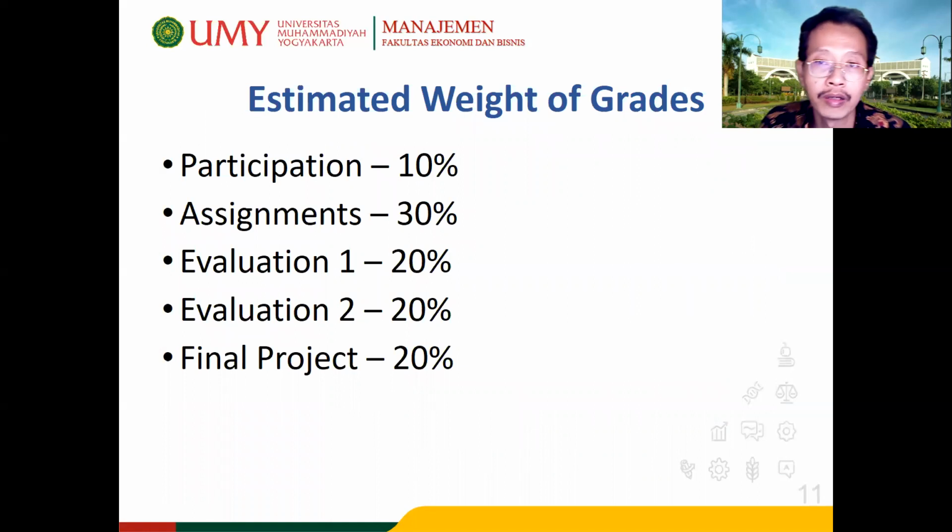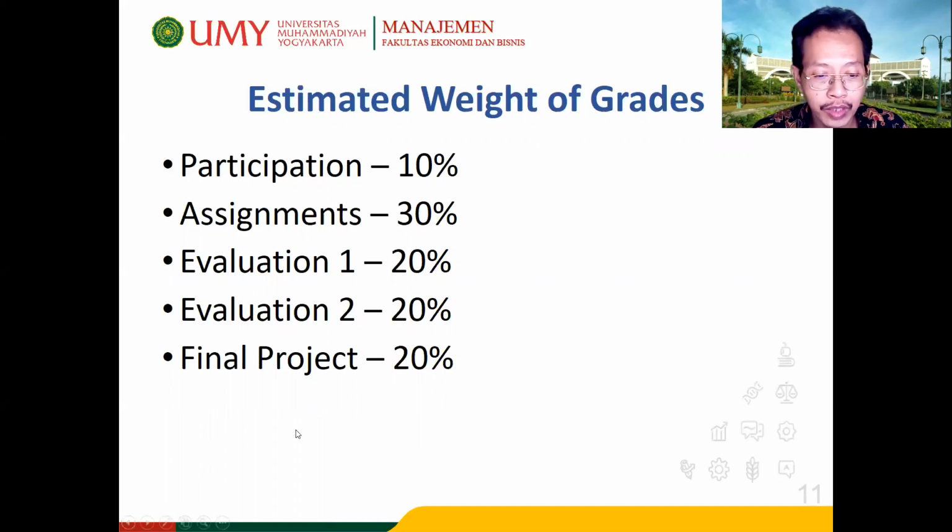Now, moving on to talk about how your grades are devised. You can see here that the activity of the student itself would be very, very important. At least directly, there would be 10% for participation. Aside from that, there would be 30% for the assignments that you are given.